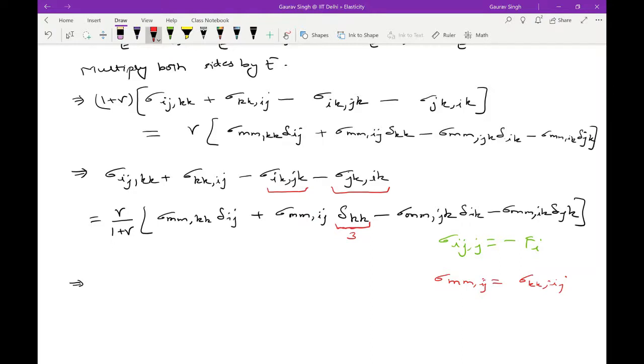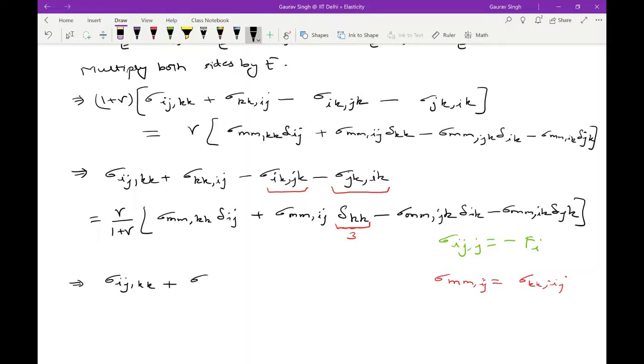So let's see. Sigma ij comma kk plus sigma kk comma ij. Can we see that term anywhere? There it is.